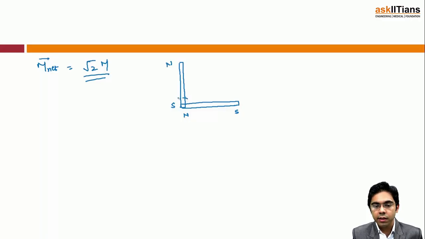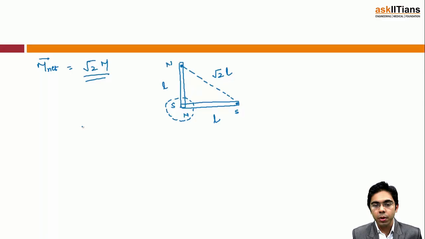If we look at this, we can say that this has got neutralized, because the south pole has got neutralized with the north pole. So what are we left with? This is the pole strength, this is the pole strength. So these pole strengths are left, and this can be treated as a new bar magnet having length, if this is L and this is L, root 2 L. So this length will be root 2 L.